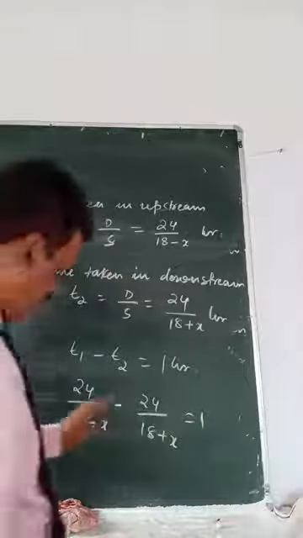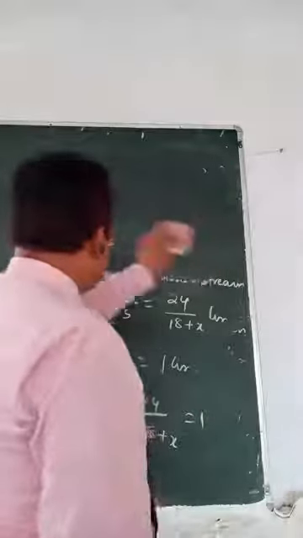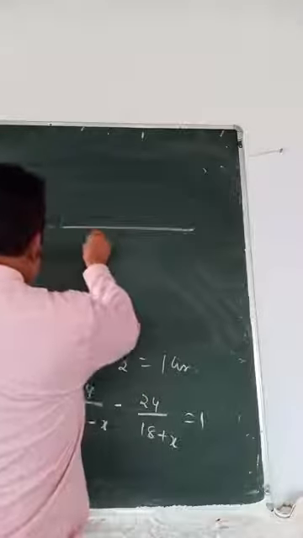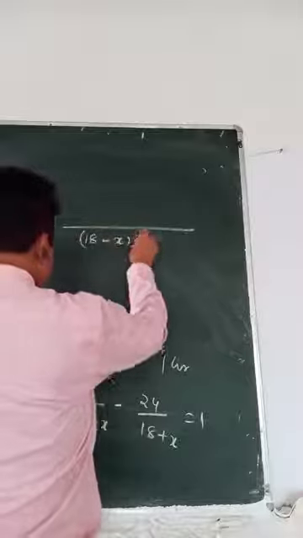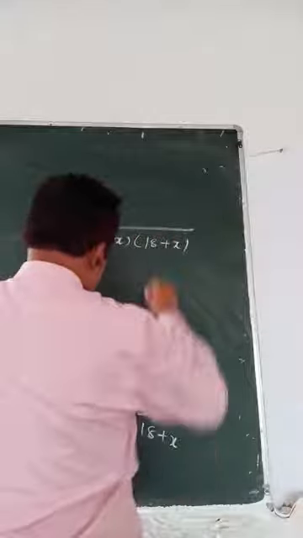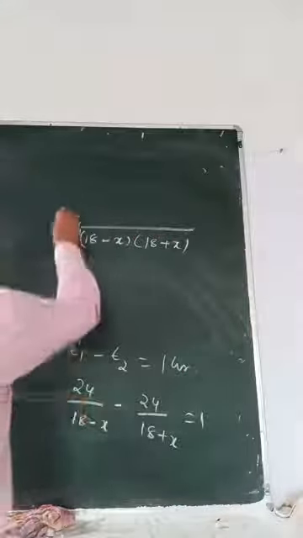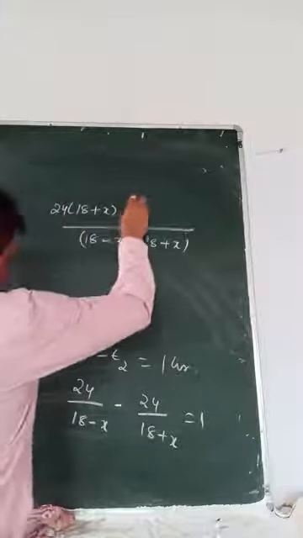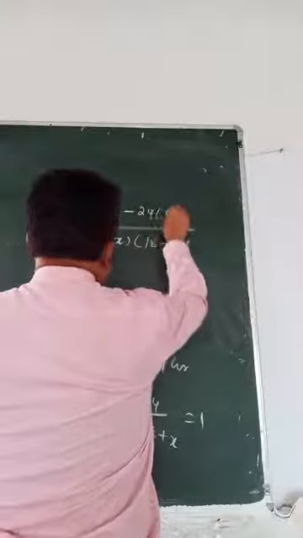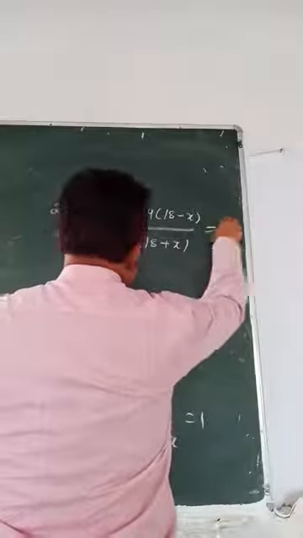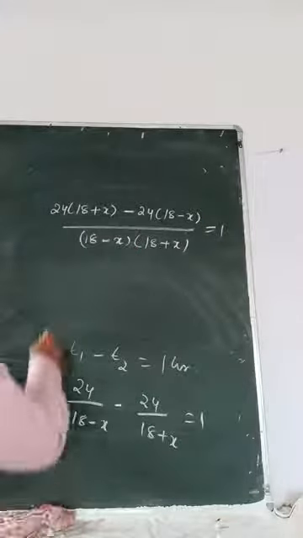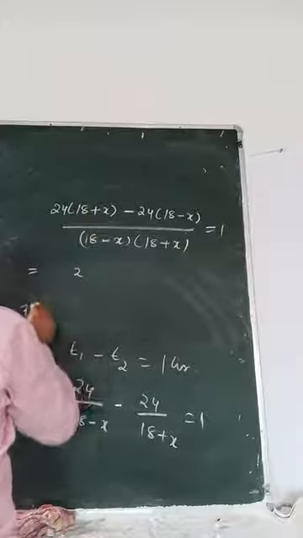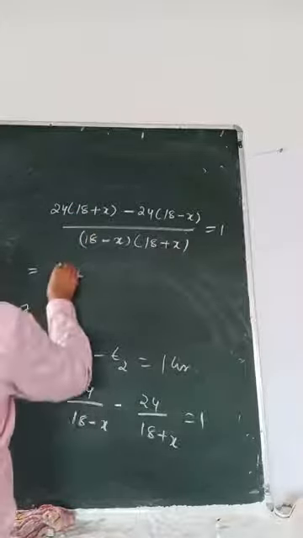Now we have to solve it. How to solve? Take the LCM, 18 minus x, 18 plus x. So this will be multiplied here: 24 into 18 plus x minus 24 into 18 minus x equals to 1. So you have to simplify. 24 into 18 is 432.